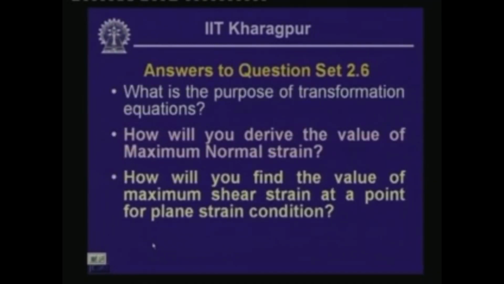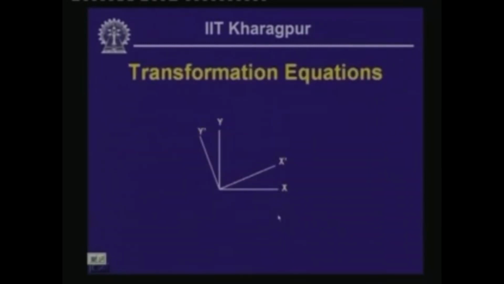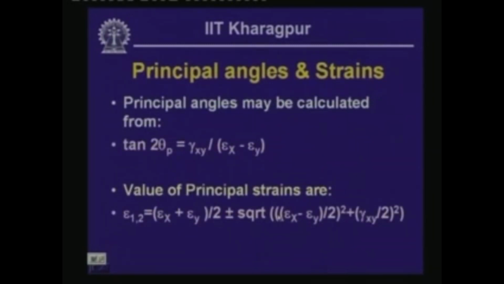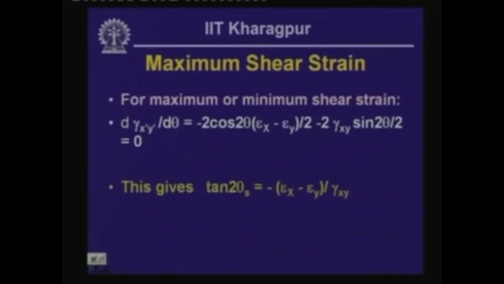Now, the third question was how will you find the value of maximum shear strain at a point for plane strain condition. Let us look into how we are going to compute it.